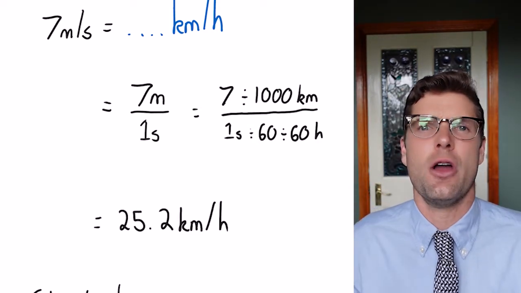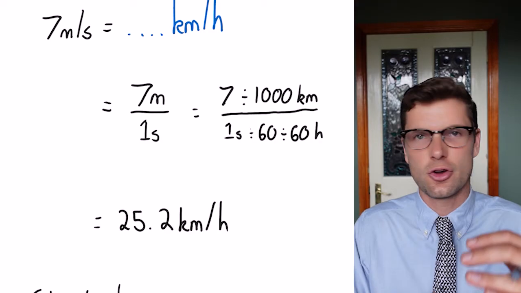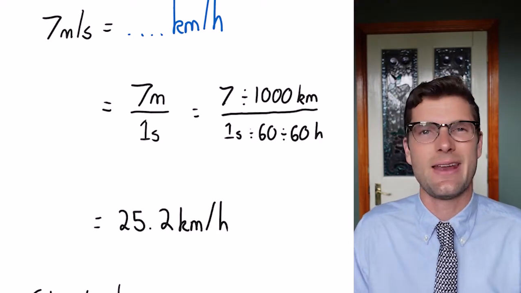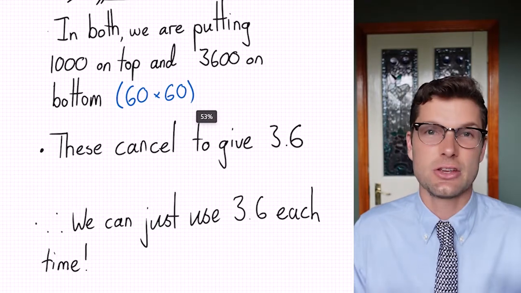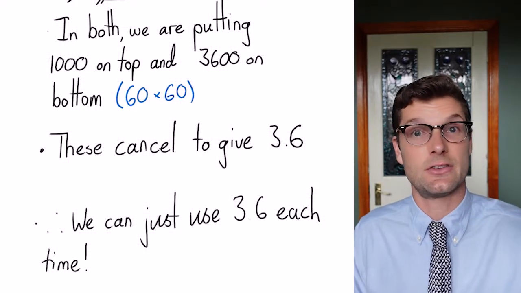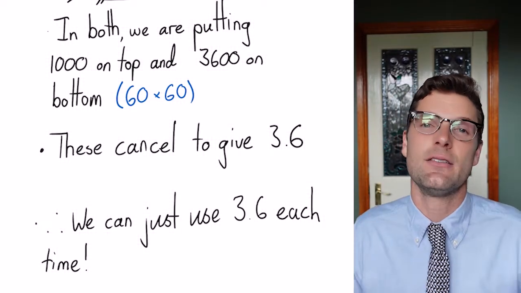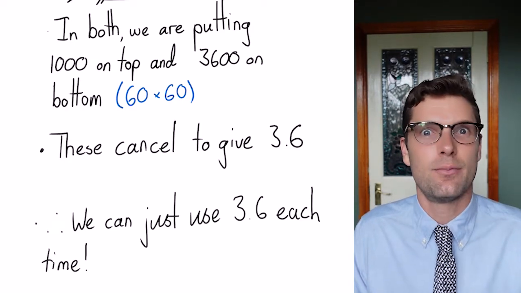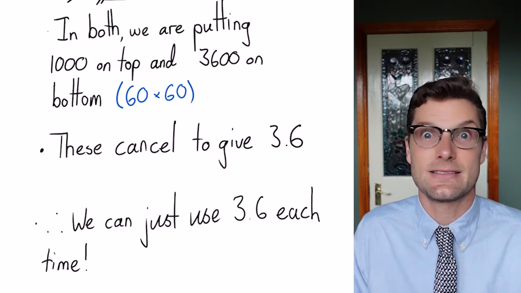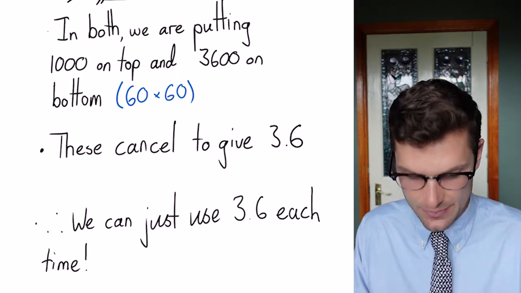So this is a lot of work. We've got to make sure we've got our fractions and all of that, but there is a nice shortcut. In both of these, we're putting 1,000 at the top. We're either multiplying by 1,000 or dividing by 1,000. And on the bottom, we are technically putting in 3,600, which is 60 by 60.